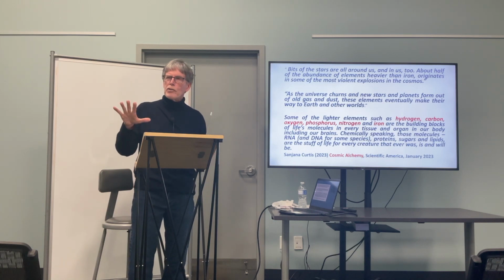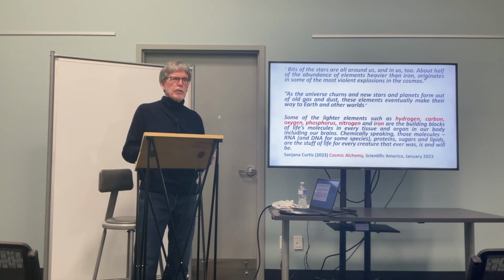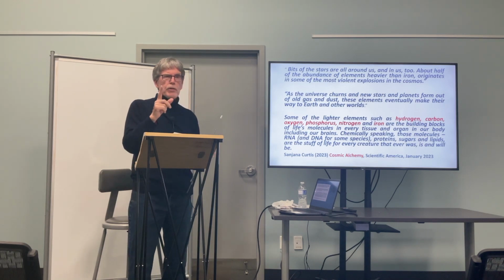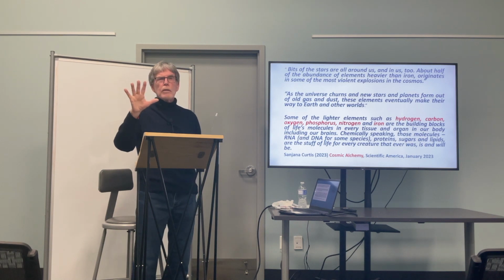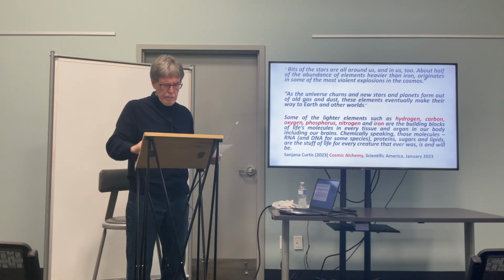We are wearing stardust if we're wearing gold or platinum. But we are made of stardust. In those clouds are some of the elements that will lead. Even after the Big Bang, hydrogen was there. That's a key. And of the seven elements of life, which we'll talk about later.